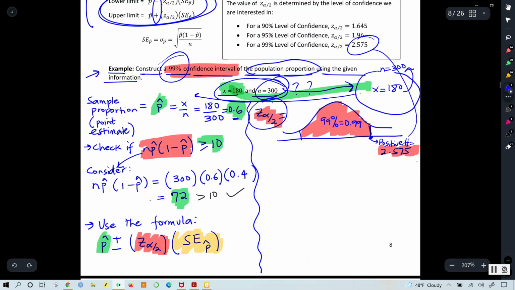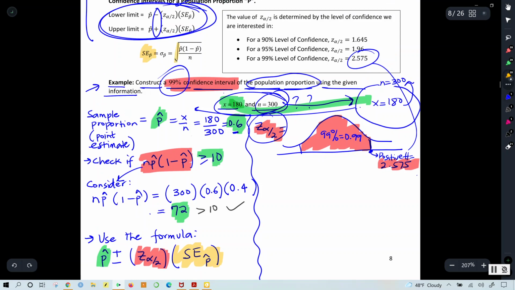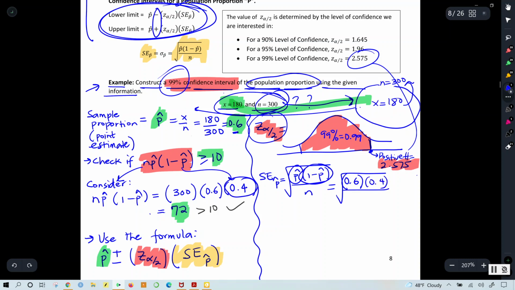The standard error is given by the formula from earlier, the square root of p-hat times 1 minus p-hat all over n. So the standard error of p-hat is the square root of p-hat times 1 minus p-hat all over n. This will be the square root of p-hat, which is 0.6, times 1 minus p-hat, which we had earlier as 0.4, so there's no need to waste time doing that again, and our n is 300.